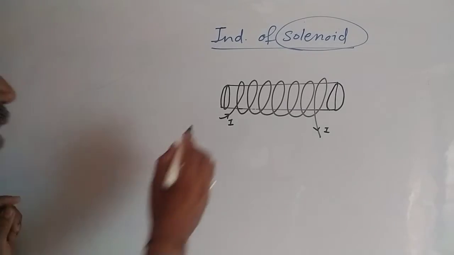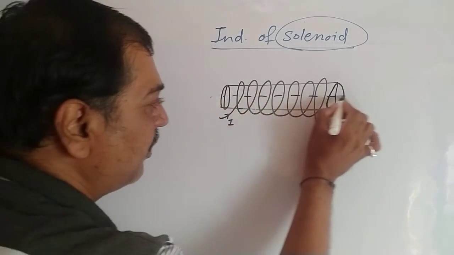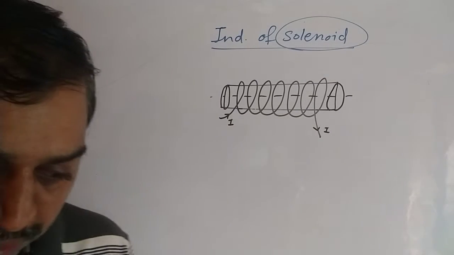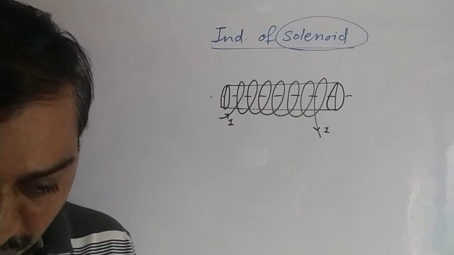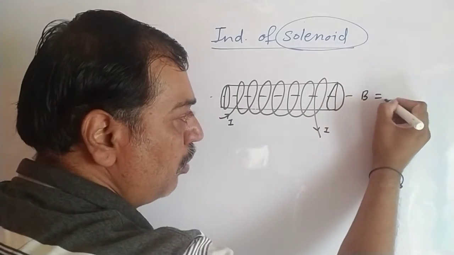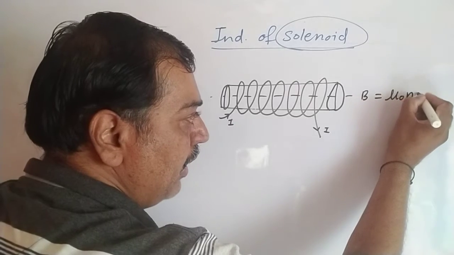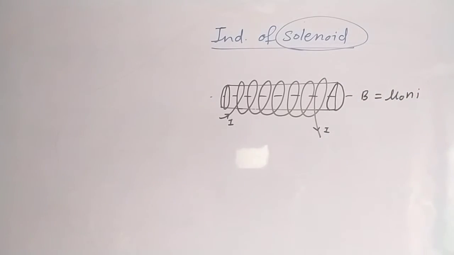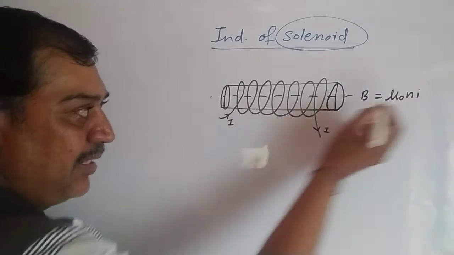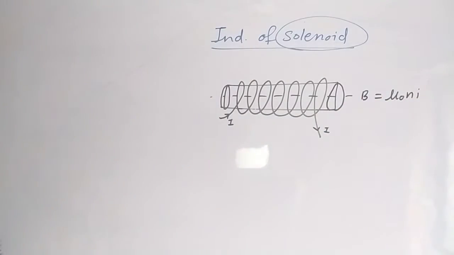It will oppose. Now suppose this is the axis of the solenoid; at the center or axis of the solenoid, how much magnetic field is produced? That we already know: B equal to mu 0 n into I, where I is the induced current in the circuit.